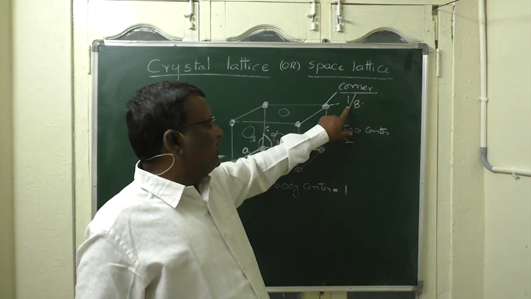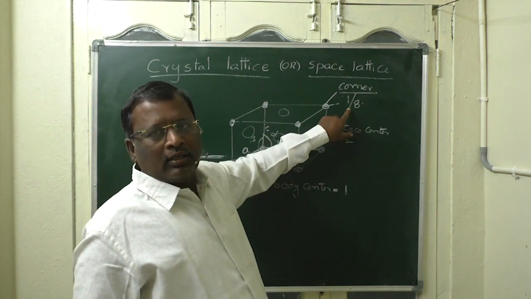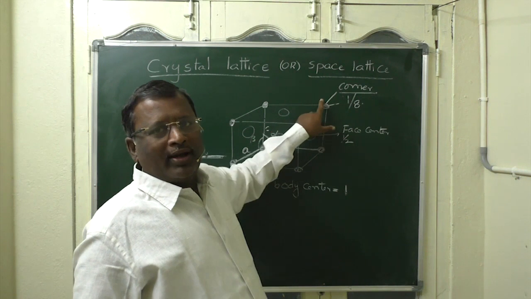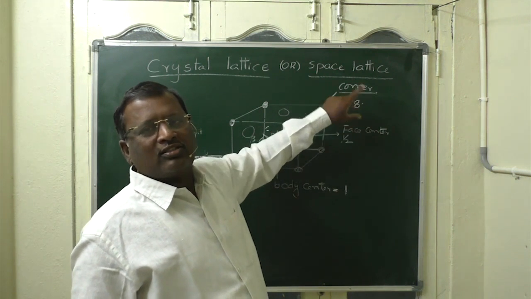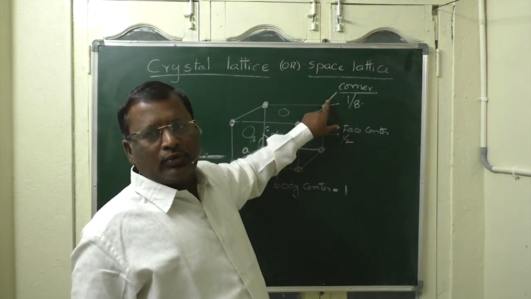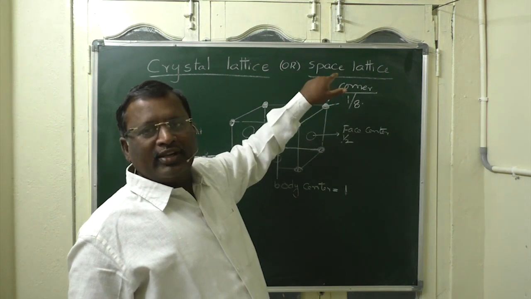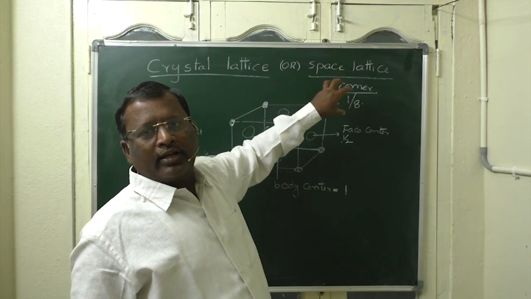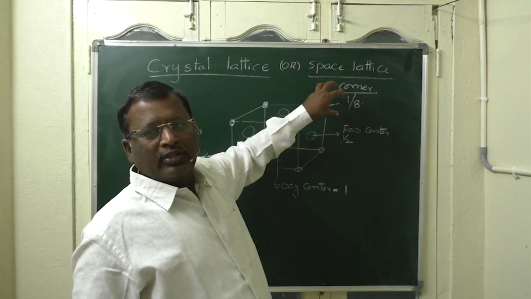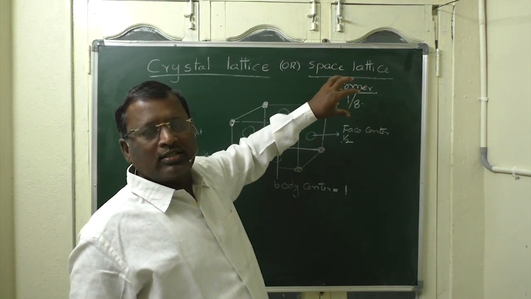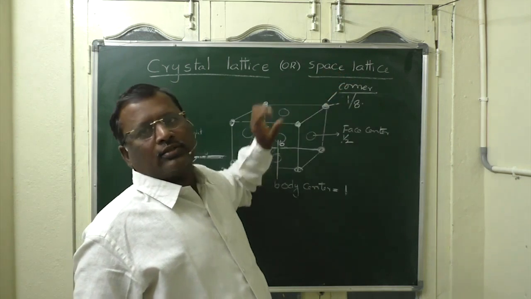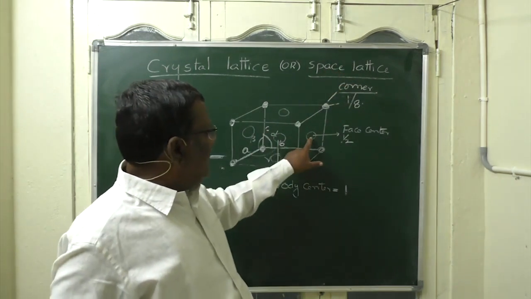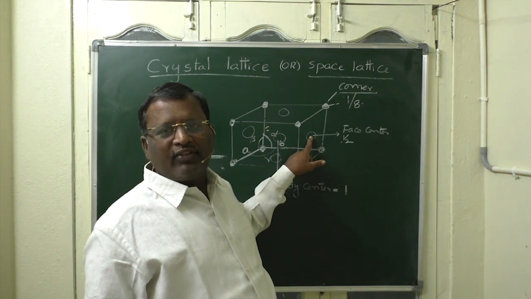So, it contributes only 1/8 for this unit cell, 1/8 for another unit cell. In the same way, the whole atom or particle distributes its portion to the 8 unit cells which it is connected to.